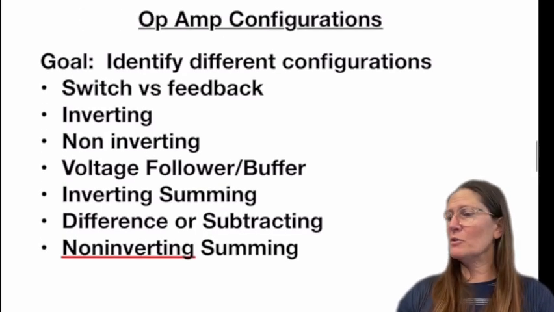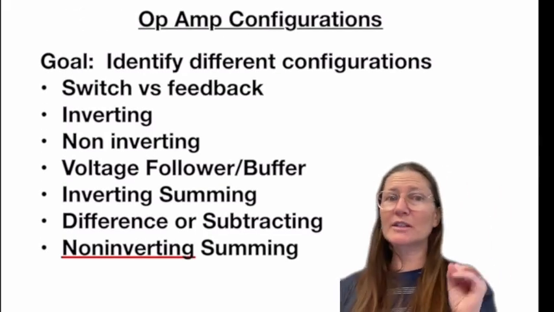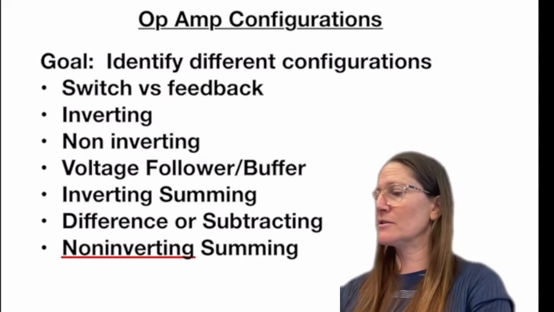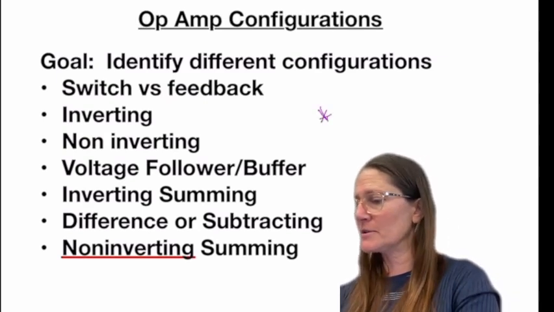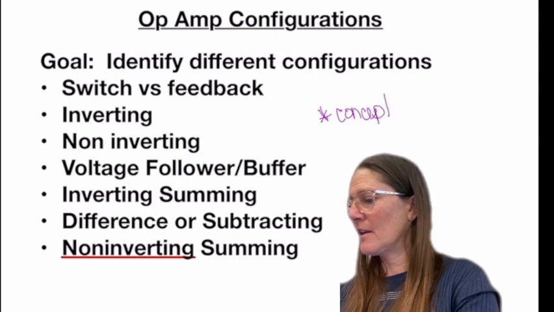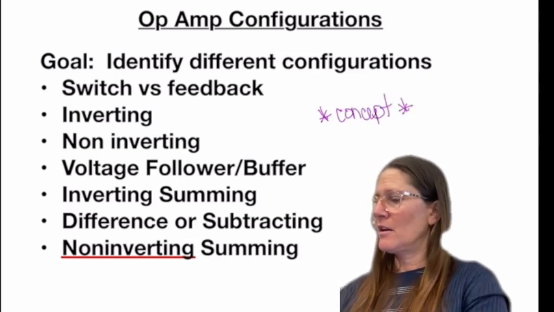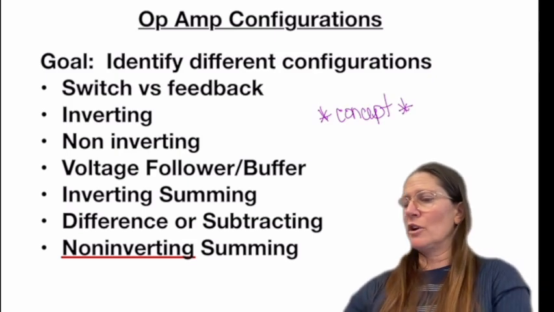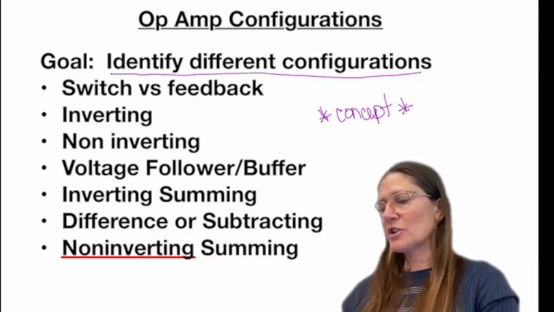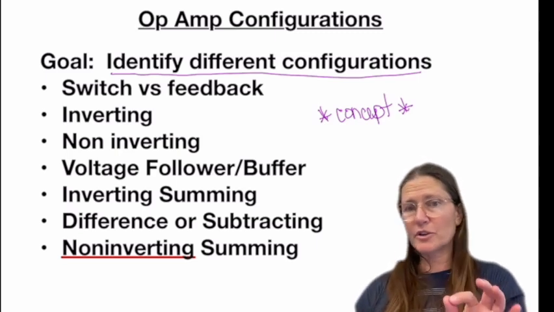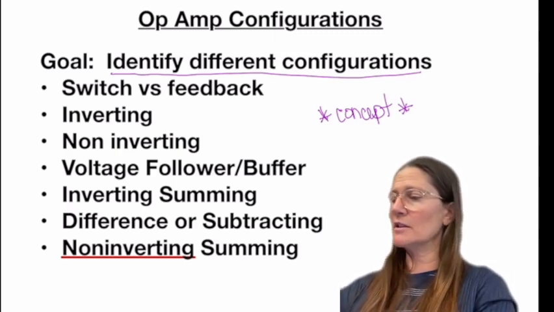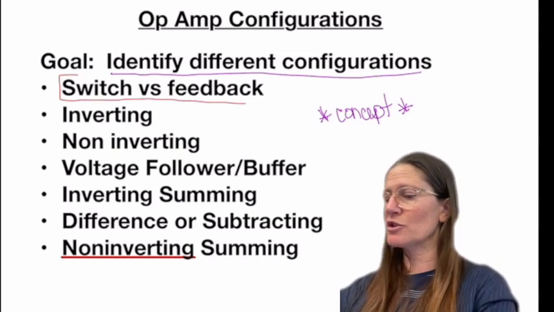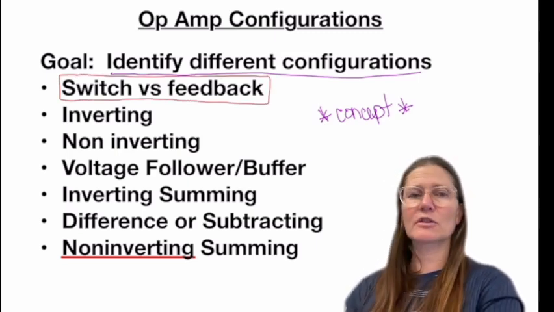All right, so the next concept is being able to identify these op-amp configurations. So this is the next big concept. So identify different configurations. The first thing that needs to be done is identifying: do I have a switch versus feedback configuration?